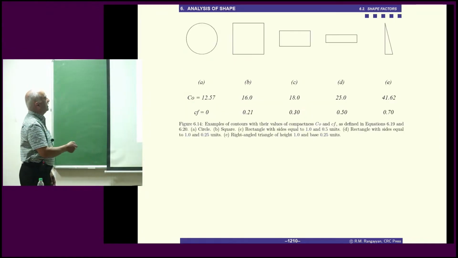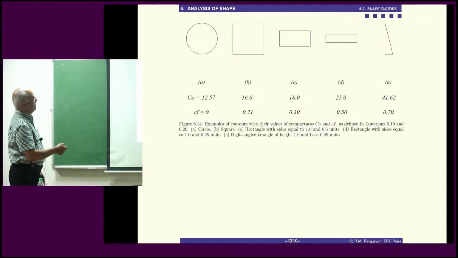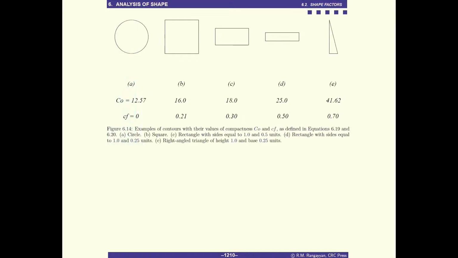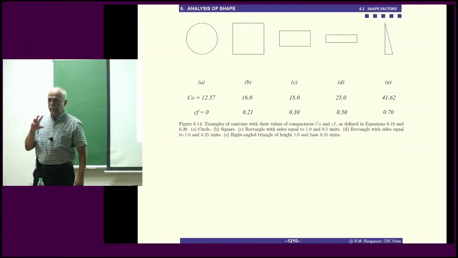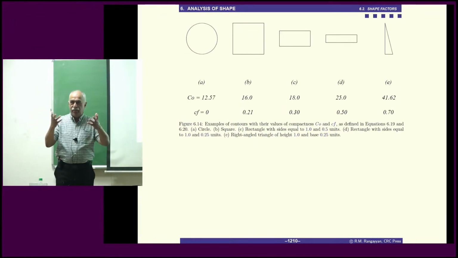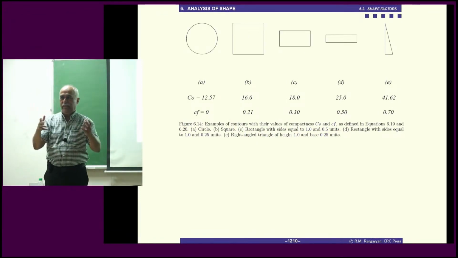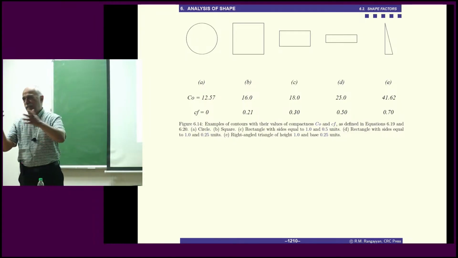So if you have a circle, you get this 12.57, square 16, rectangle 18. You stretch the rectangle more, 25, very sharp triangle 41, and so on. If you take the normalized one, circle has 0, and then 0.23, 0.5, 0.7, increasing. Now, increasing roughness is as you judge it, and you and she may judge it differently. You say something, I say something else.